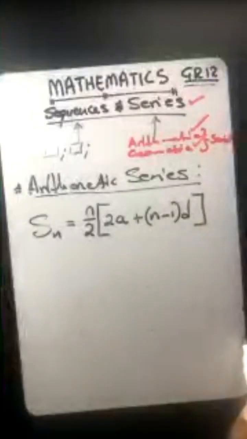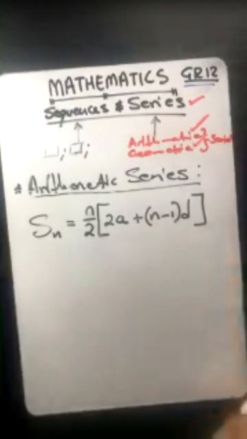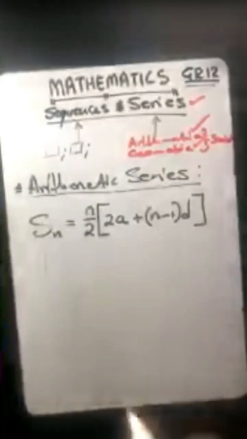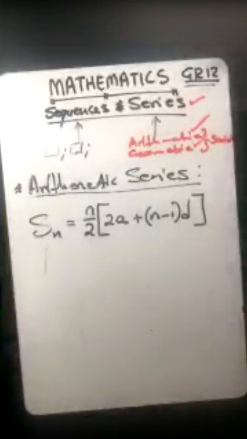So this is the formula. The moment you're dealing with an arithmetic series and they start talking about this, you know this is the formula that you need to use. So this, as indicated on the note, is the sum of n terms.